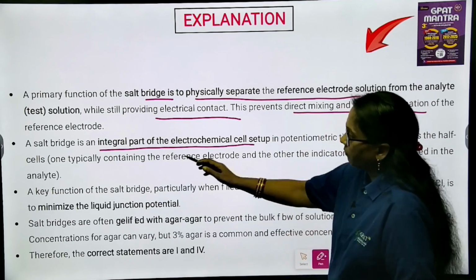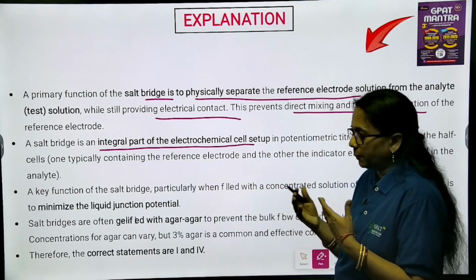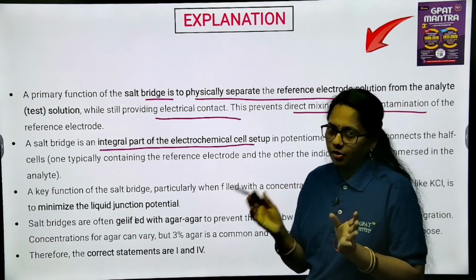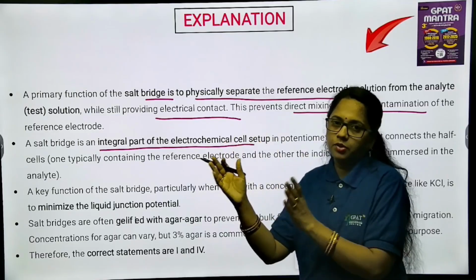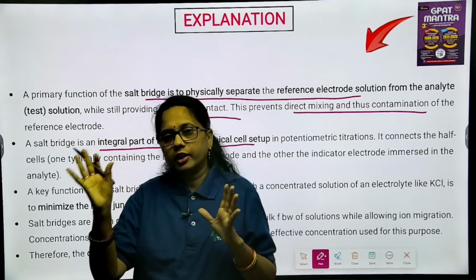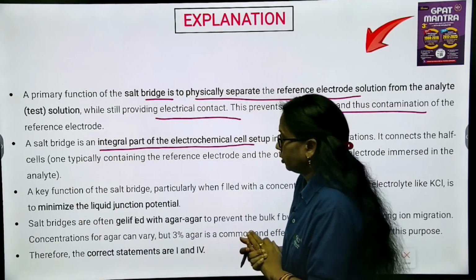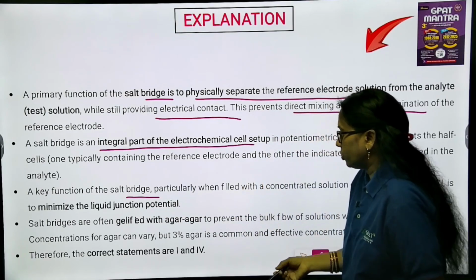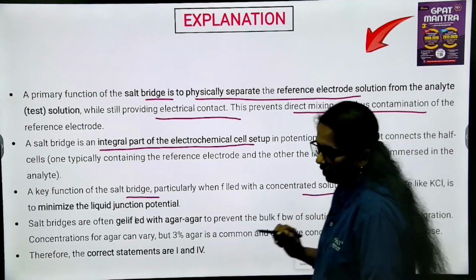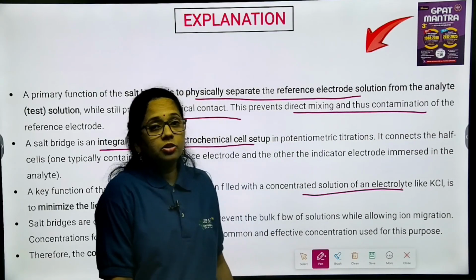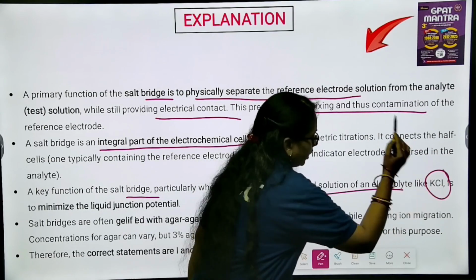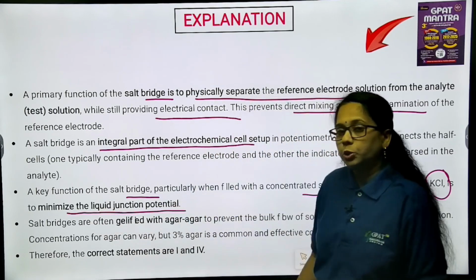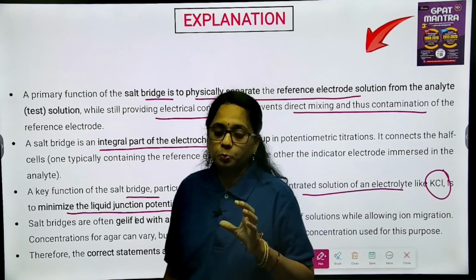So salt bridge is also one of the integral parts in potentiometry, and it connects the two half cells, one half cell related to the reference and another half cell related to the indicator electrode. And a key function, the main purpose of the salt bridge, is that it is filled with a concentrated electrolyte solution like potassium chloride. Why we use potassium chloride: in order to minimize the liquid junction potential.